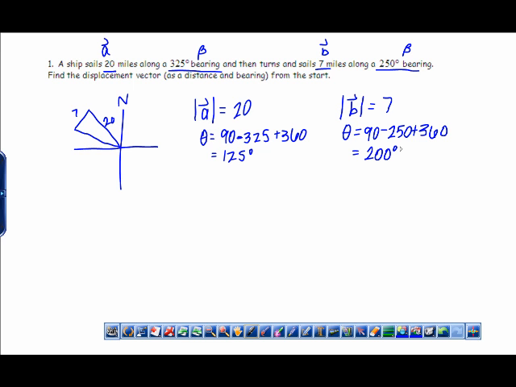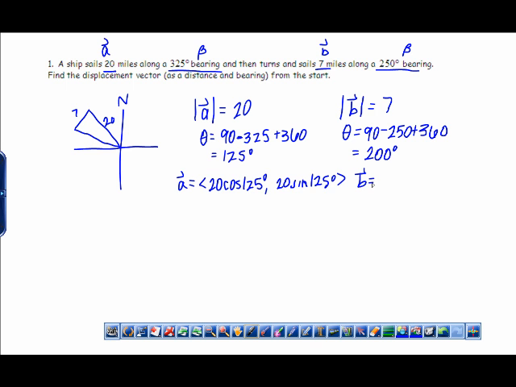Okay, so now let's write out the components for these two vectors. I've got vector A. Remember that we're going to take the magnitude, and for the horizontal component, it's going to be 20 cosine of my angle, and the vertical component is going to be 20 sine of my angle.